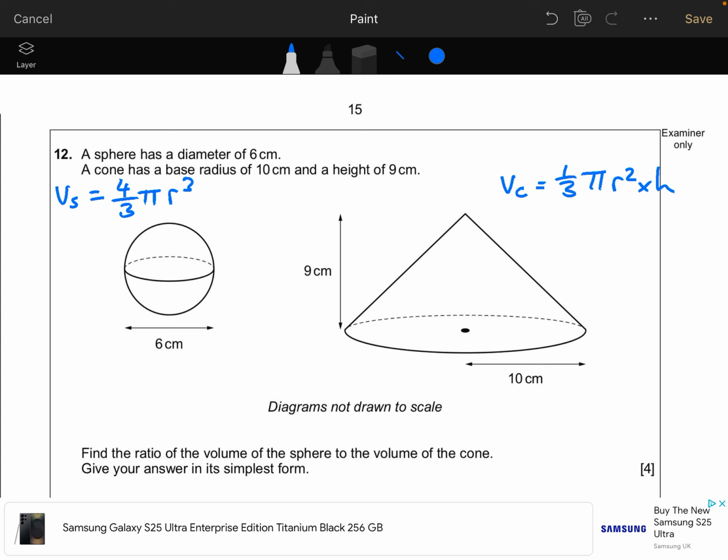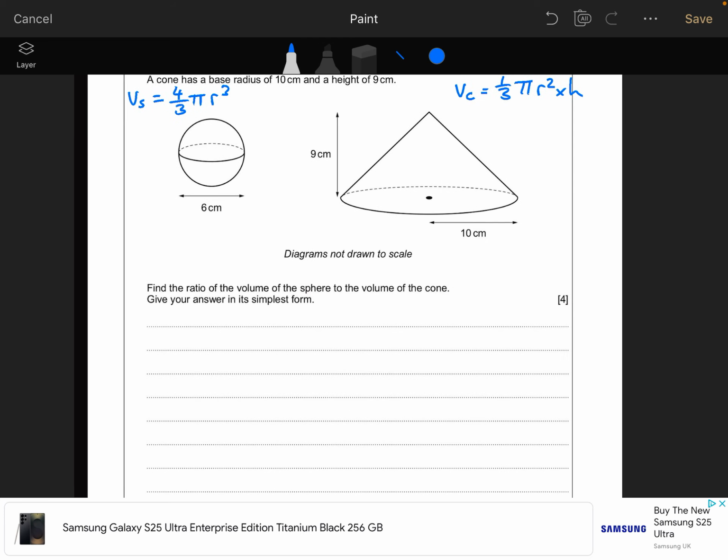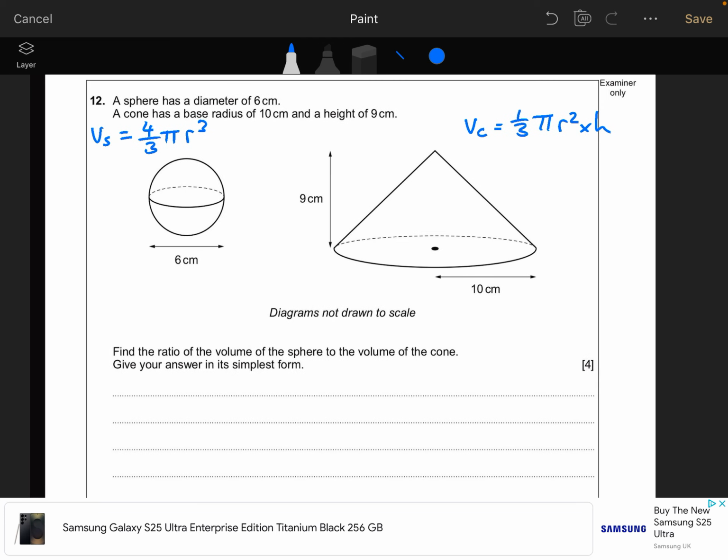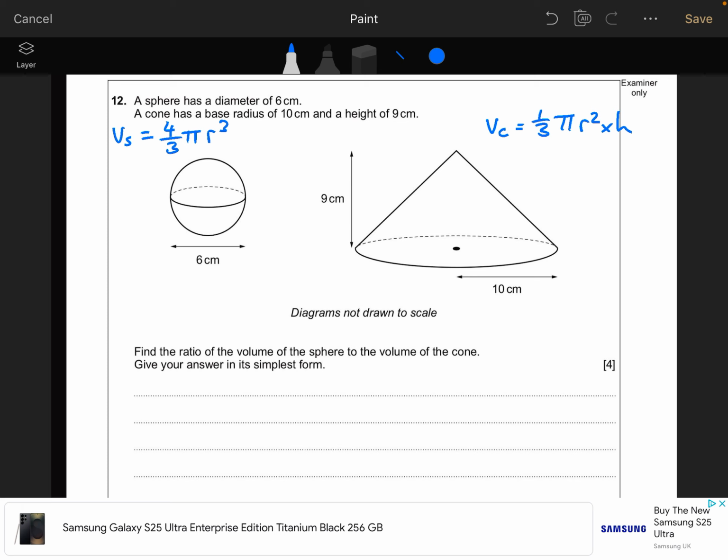Okay, so I need to put all the values in to work this out now. So slightly lower down the page. So for the sphere, the volume of the sphere is equal to 4/3 times pi times, and the radius is not 6, is it? The diameter is 6, the radius is 3 centimeters. So times 3 cubed.